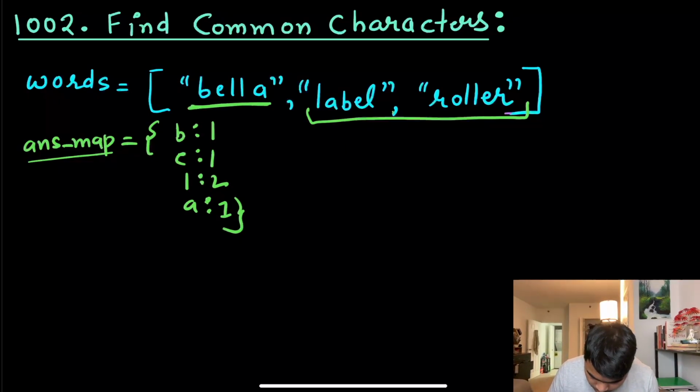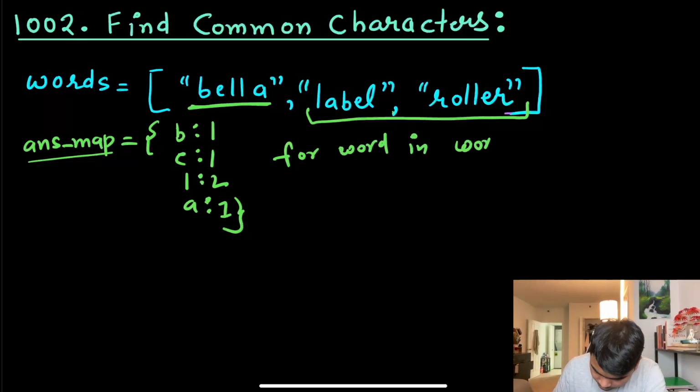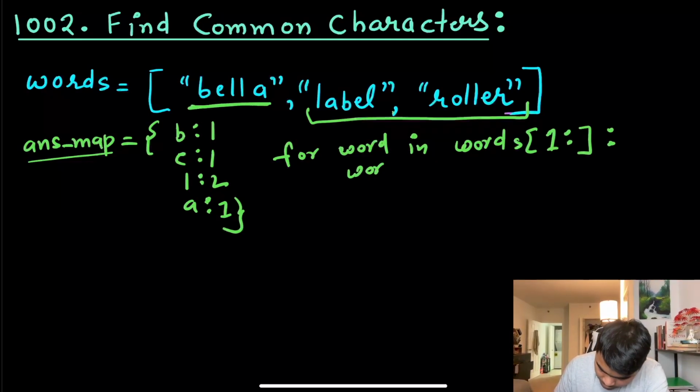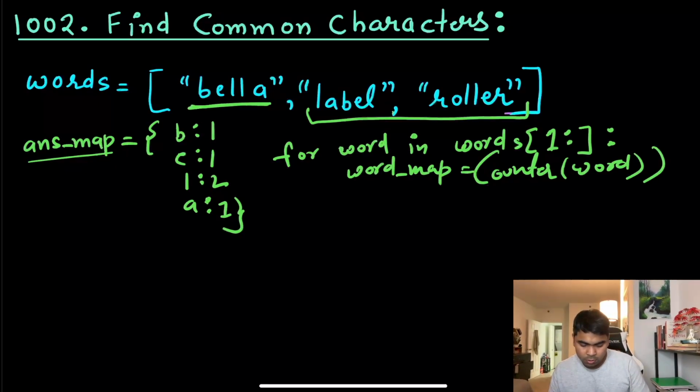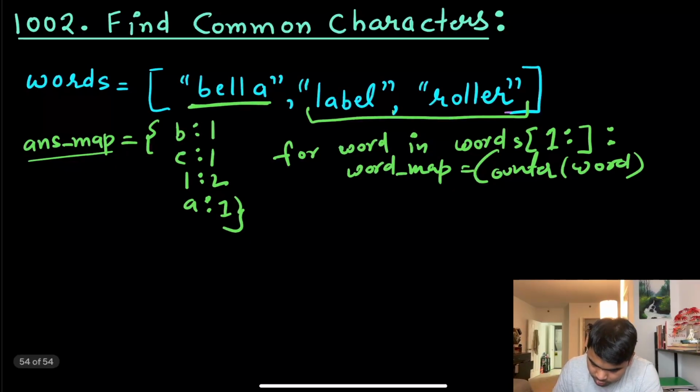So for word in words, and we can start at 1, this word map that I'm creating, word map counter of this word, will give me the frequency of all the characters, right?